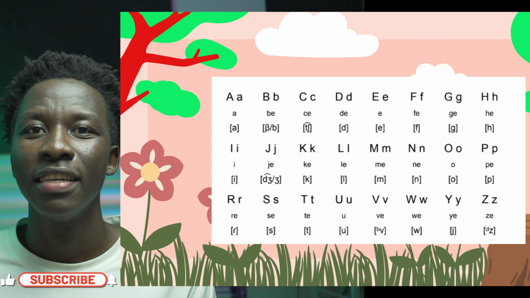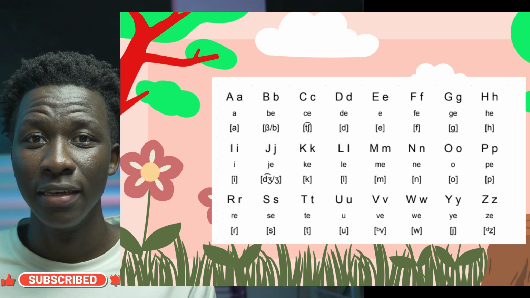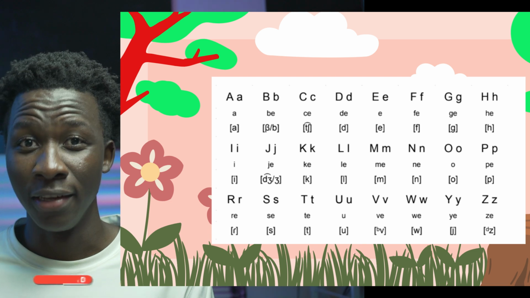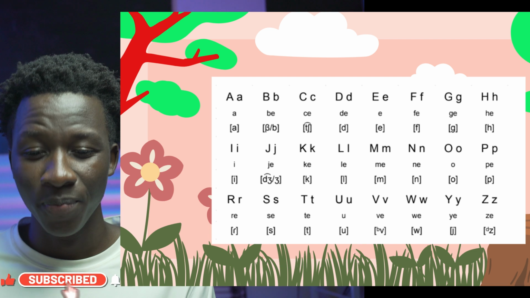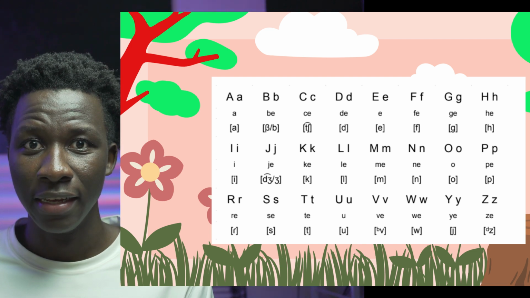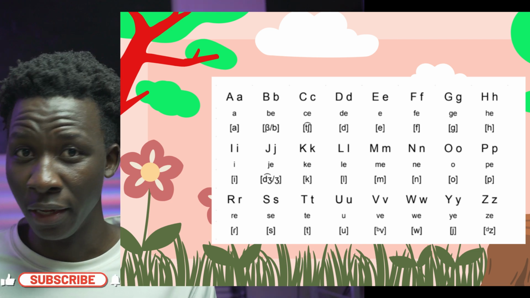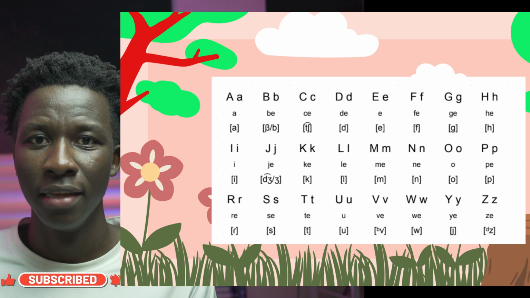In English we say D, but in Kirundi we say de. In English we say E, but in Kirundi we say E.